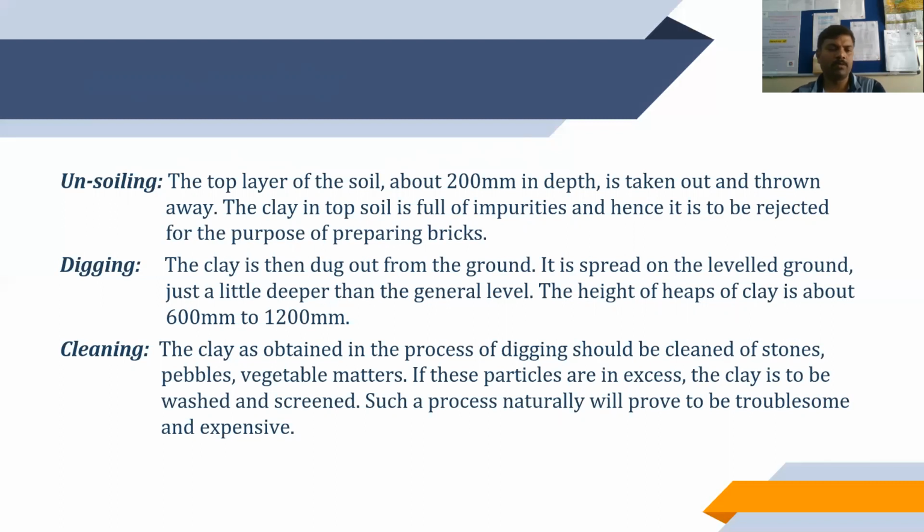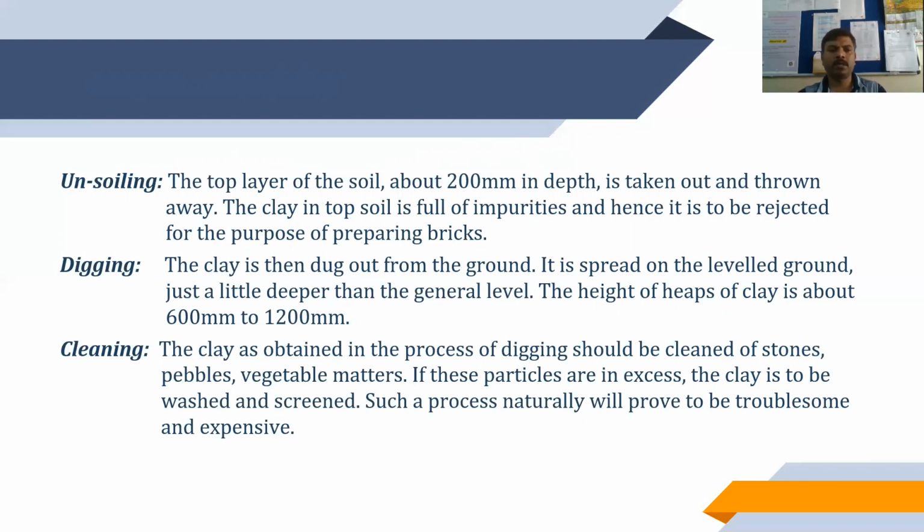After the removal of that upper crust, the digging process follows. The clay is dug out from the ground and spread on the ground to make a heap around 600 to 1200 mm.